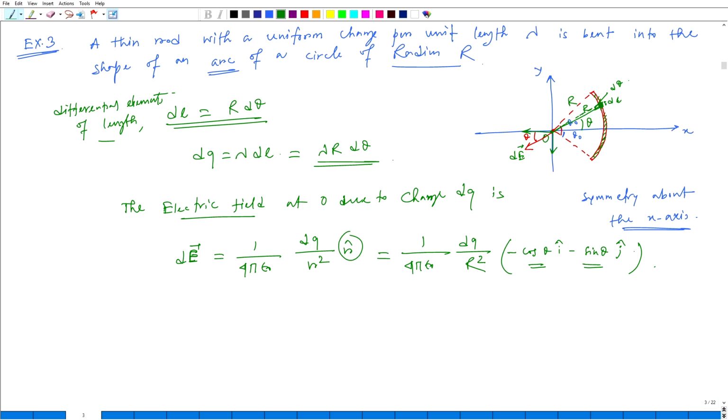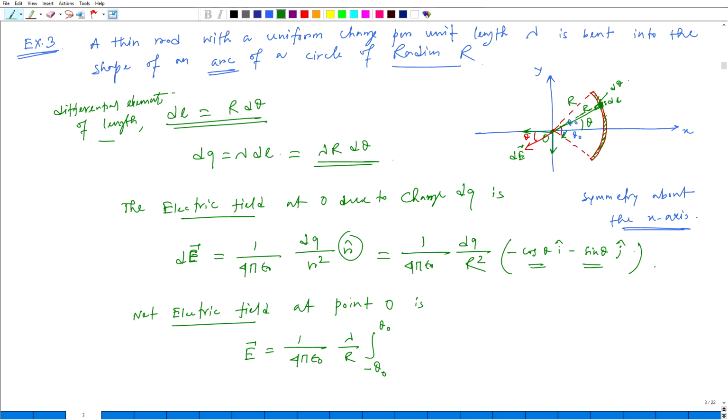So the net electric field at point O is the integral of 1 over 4 pi epsilon naught, lambda by r. Now put dq equal to lambda times r d theta. The limit is important, minus theta naught to plus theta naught, since one side is clockwise and the other is anti-clockwise, that is why you put a minus theta naught.